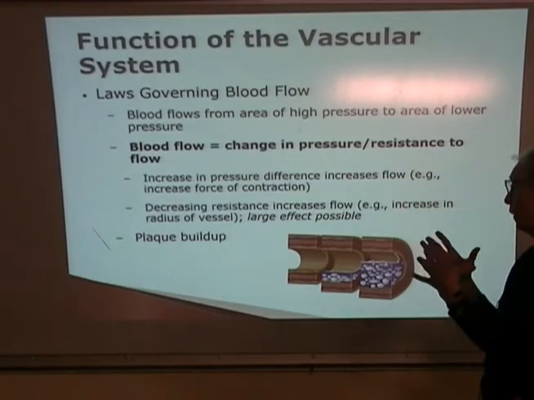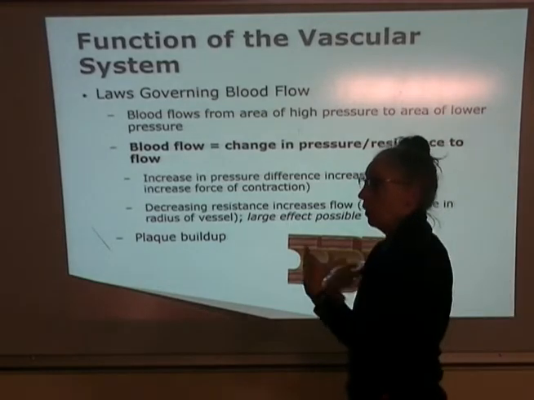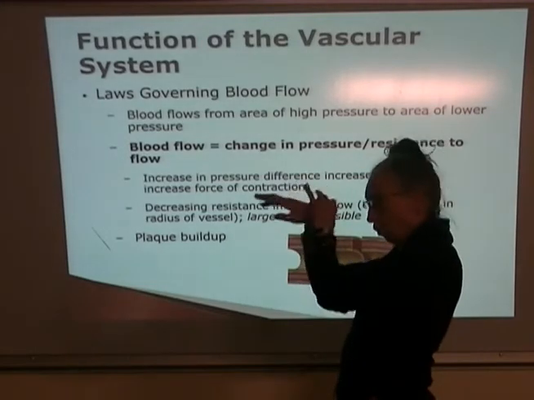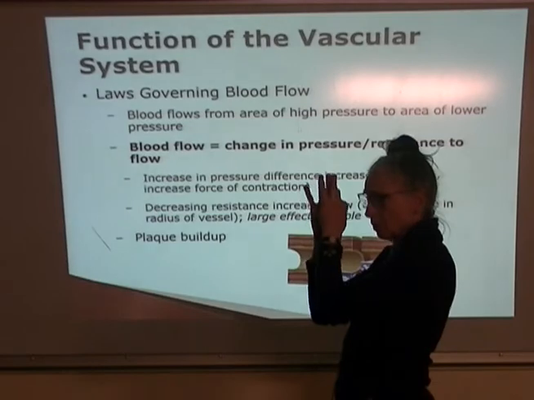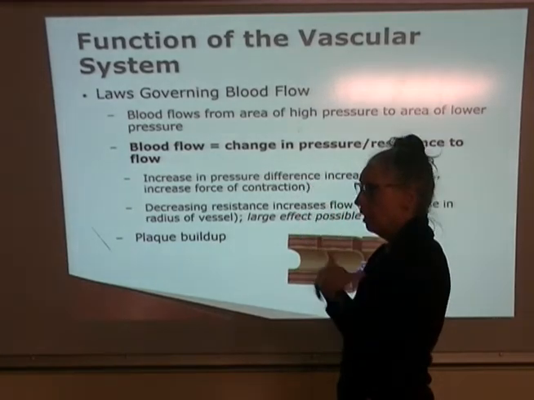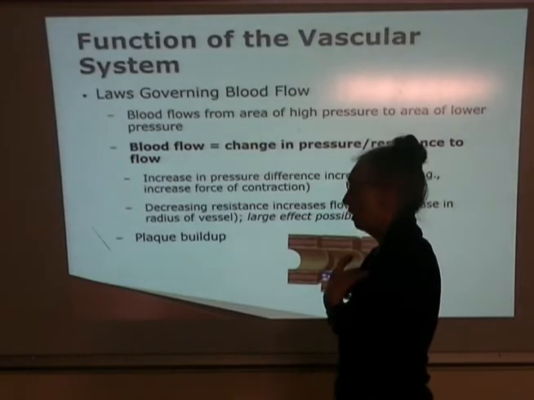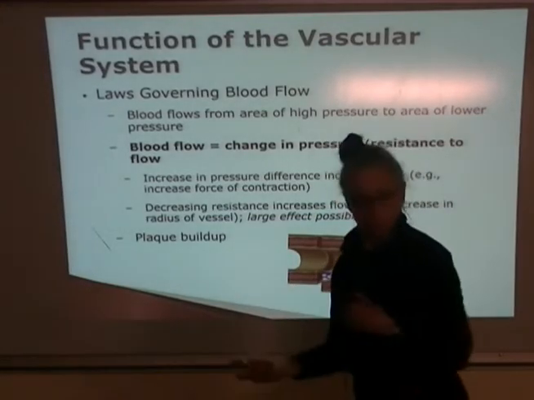So people who have plaque buildup have higher blood pressures because they're trying to force blood through this much smaller, narrow space. Does that make sense? Particularly if you've got those in your coronary arteries, then they are a big precursor to a heart attack.